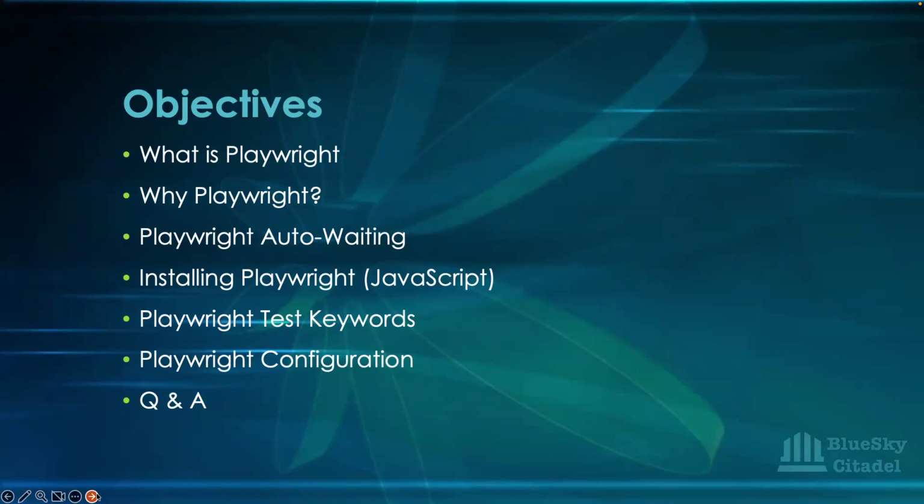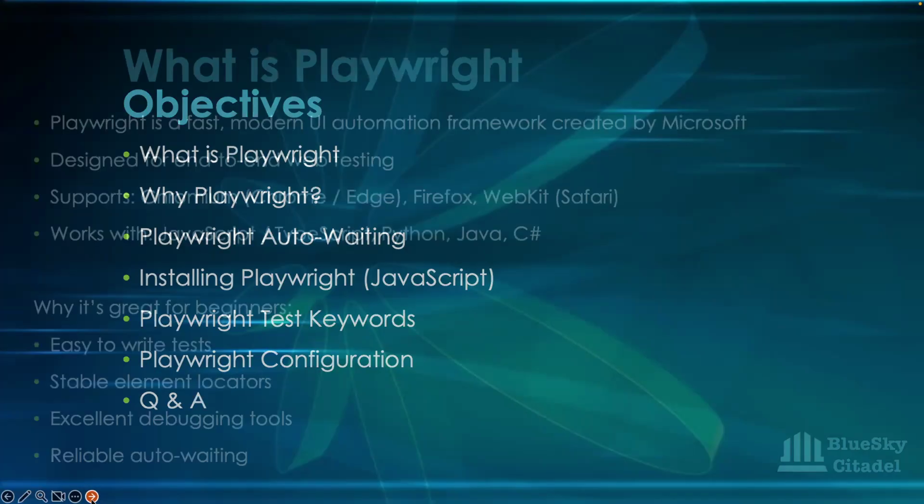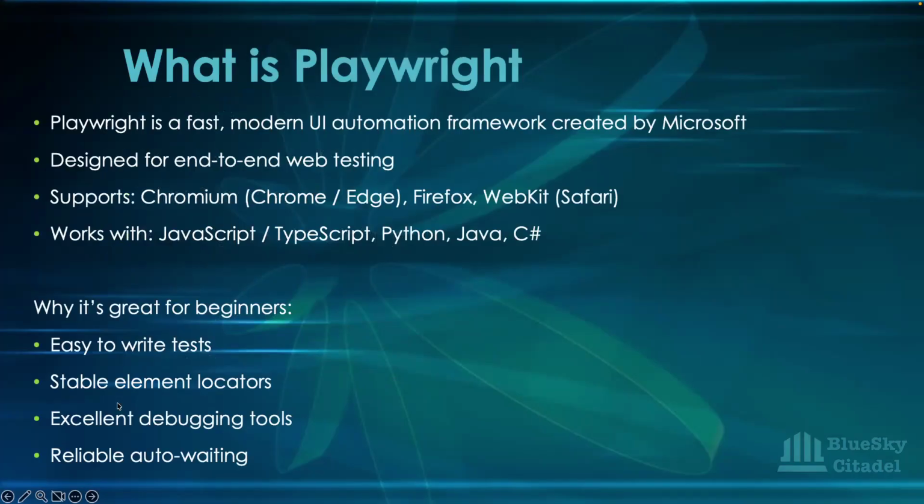We'll look into some keywords that we use in Playwright, just a few of them, not all of them, but what you're going to see in your day-to-day tasks as you work with Playwright. Then we'll talk about the Playwright configuration, and Q&A.